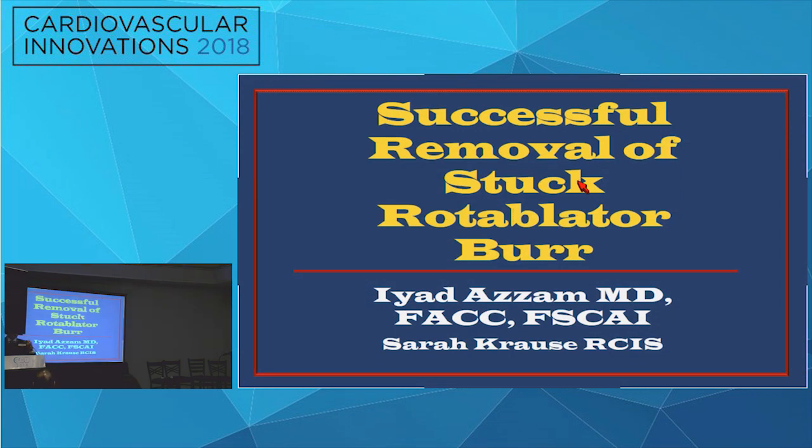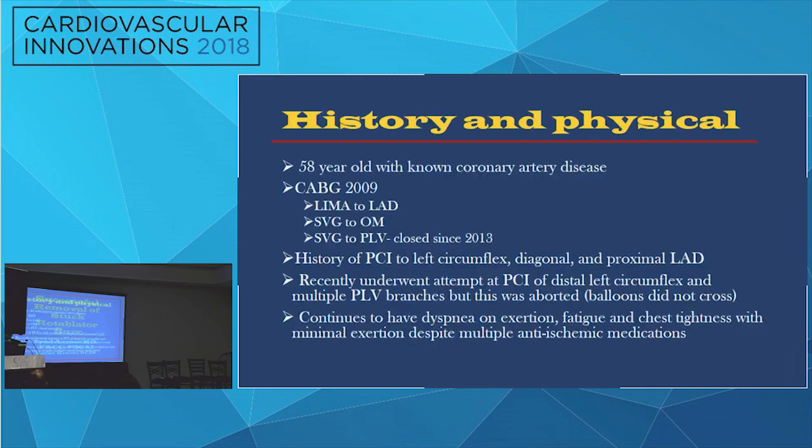All right, so I'm presenting a case where a Rotablator burr got stuck in a coronary artery. This is a 58-year-old gentleman known to have coronary artery disease. He had multiple interventions in the past. Then in 2009, he underwent bypass surgery with LIMA to LAD, SVG to OM, and SVG to left PLV. He was cathed back in 2013 and they found that the graft was closed.